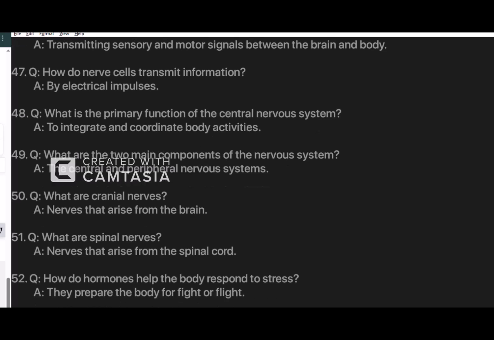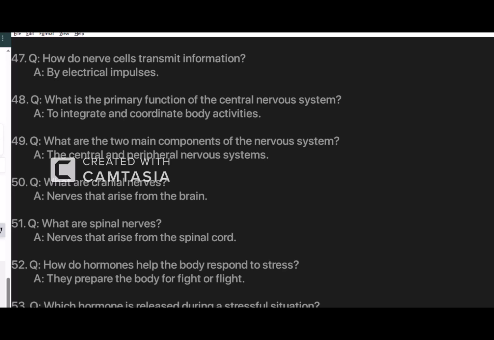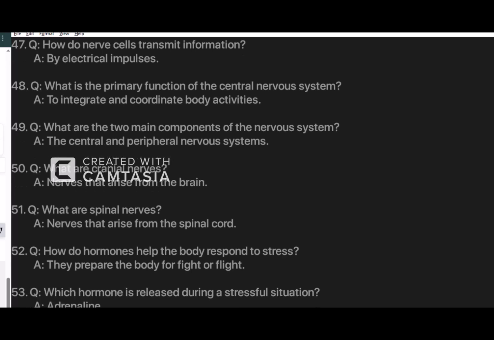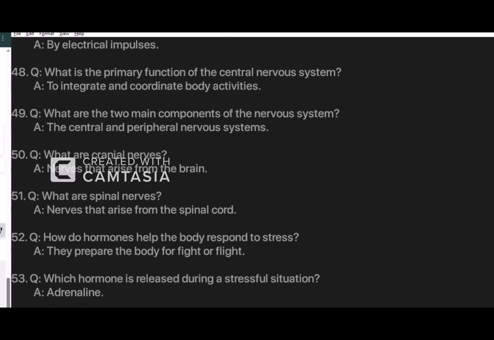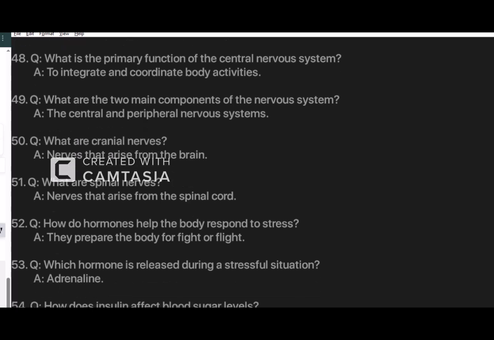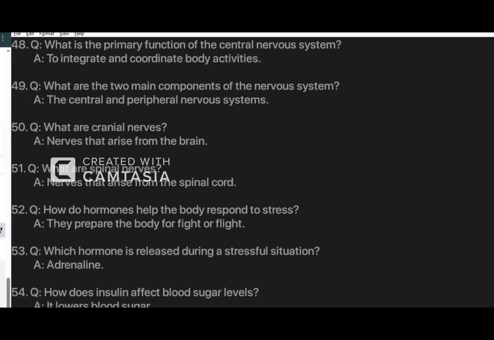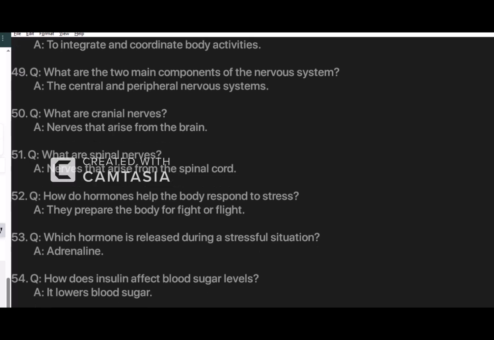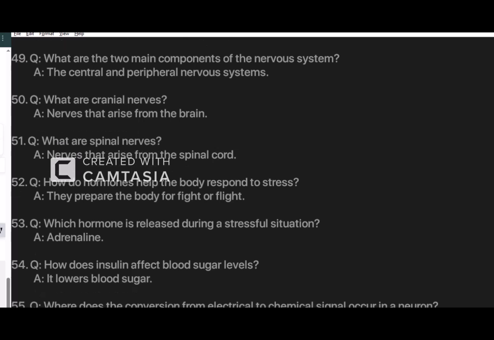53. Q. Which hormone is released during a stressful situation? A. Adrenaline. 54. Q. How does insulin affect blood sugar levels? A. It lowers blood sugar. 55. Q. Where does the conversion from electrical to chemical signal occur in a neuron?